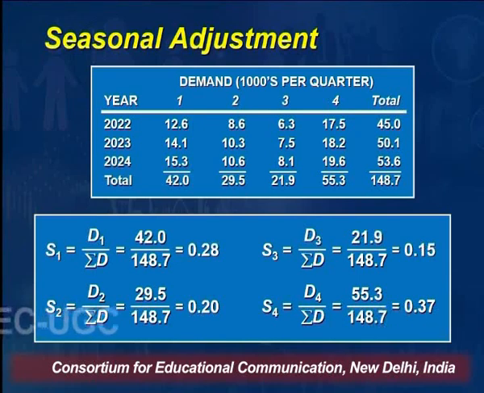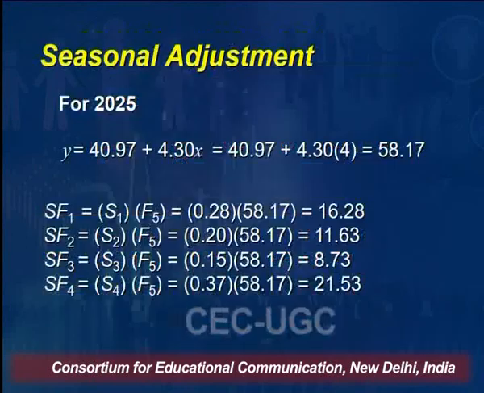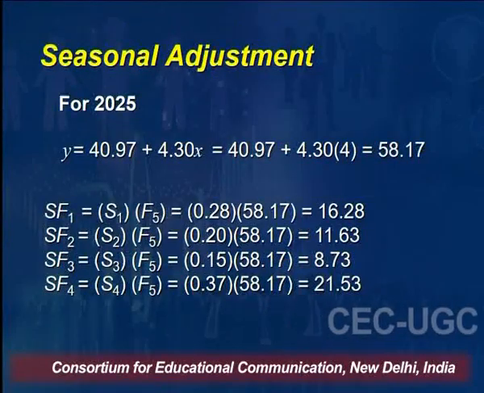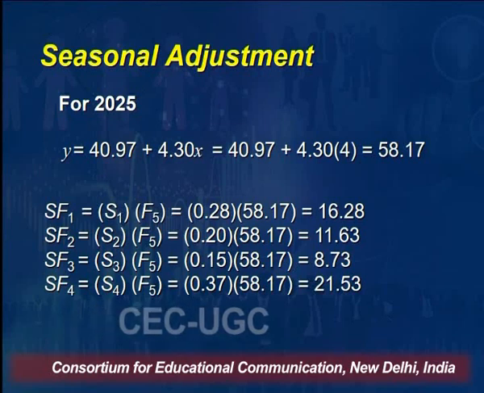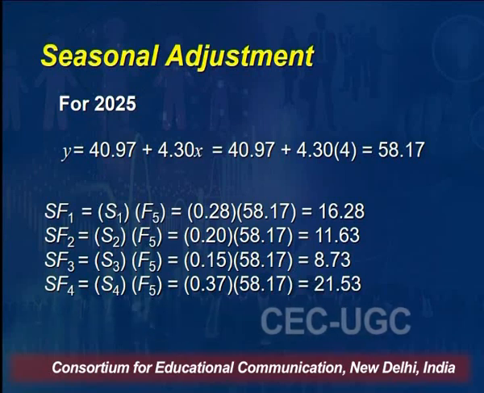So you have calculated some di and you have divided it by the total of the demand, which is coming to 148.7. So a seasonal factor has been introduced, and then when you put in the same formulas which we used earlier for the smoothing constant, you can predict the demand for say year 2025.